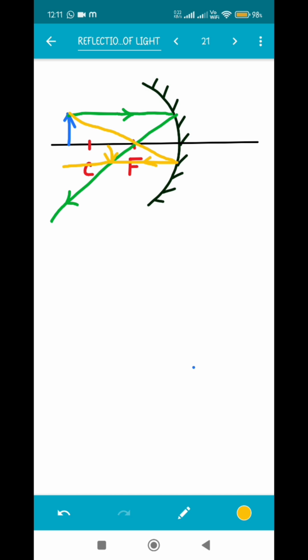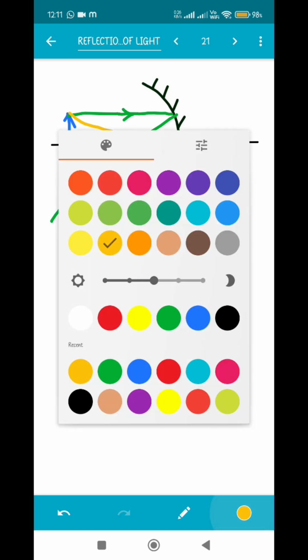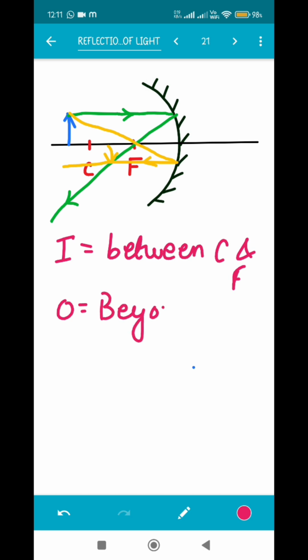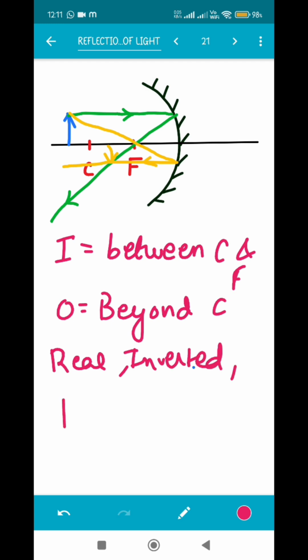As you can see, the size of the image is smaller than the size of the object, and like we guessed it previously, the image is between the center of curvature and the focus. So in this case, the image is between C and F. Object is beyond C, so it's just the opposite of the previous ray diagram. And in this case, again, the image is real, it is inverted, but it is smaller than the object, as you can see.